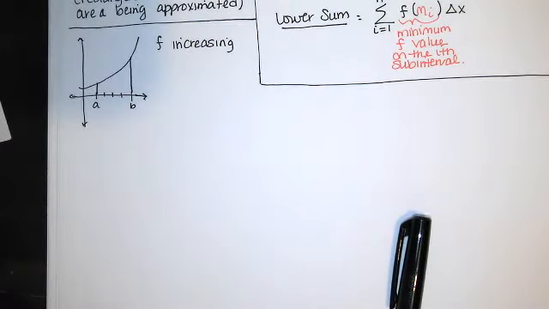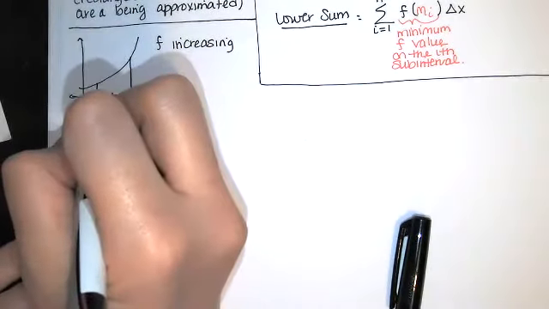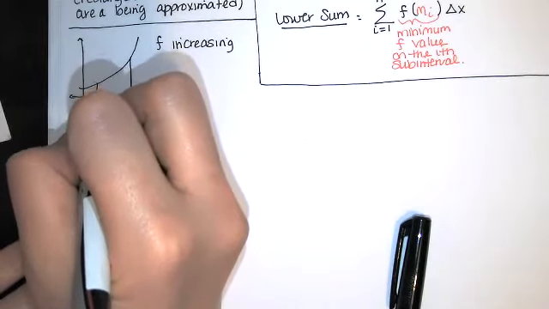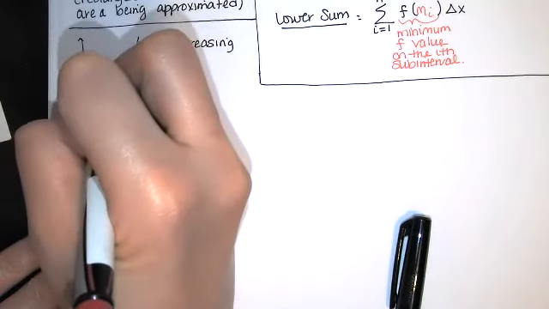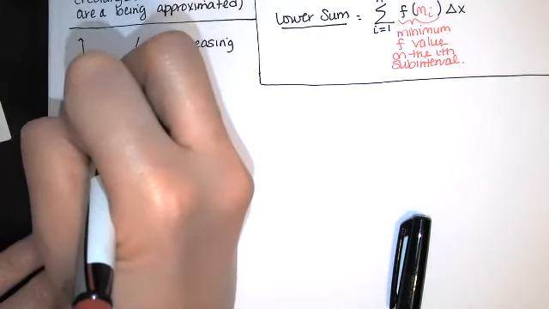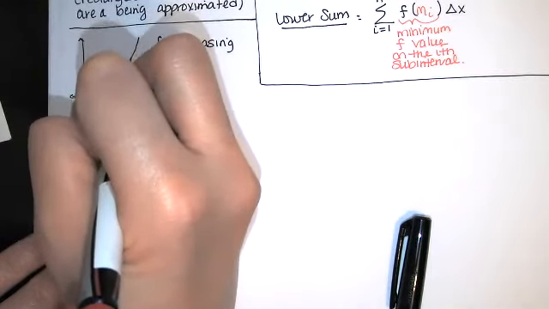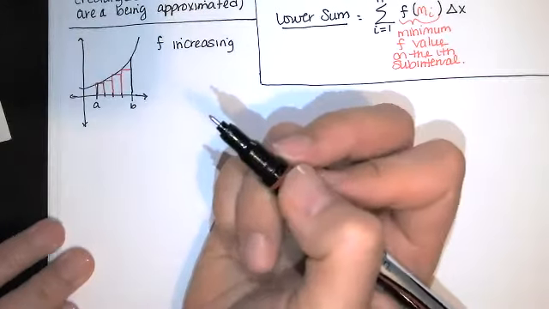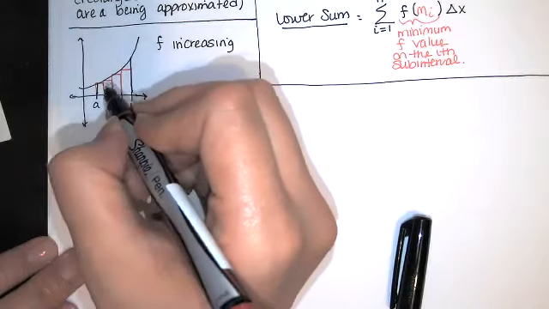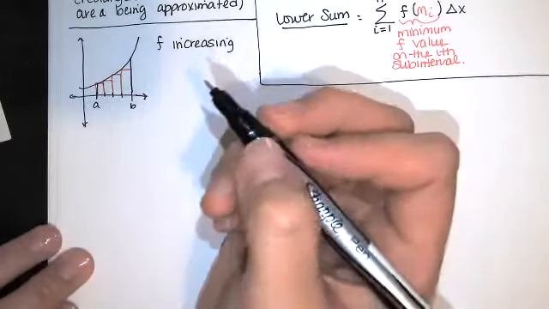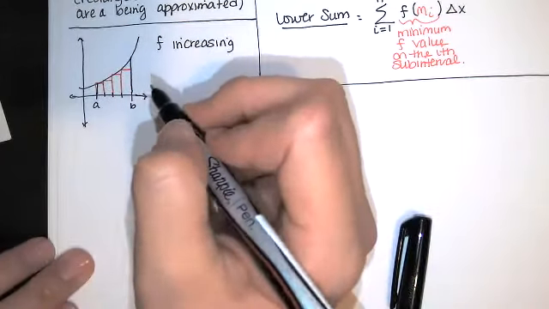If the function's increasing, that means the smallest y value is going to be on the left in each subinterval. So the left endpoints are going to give me an underestimate. The left endpoints will correspond to inscribed rectangles, and that will give me the lower sum.